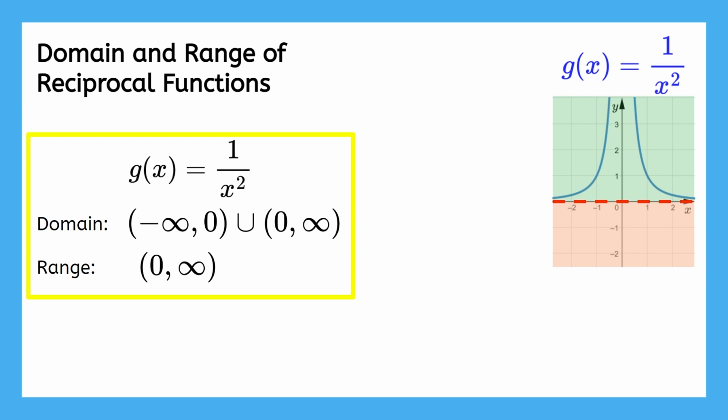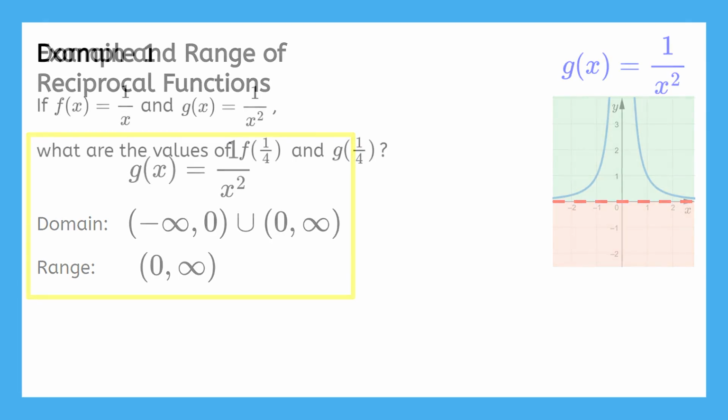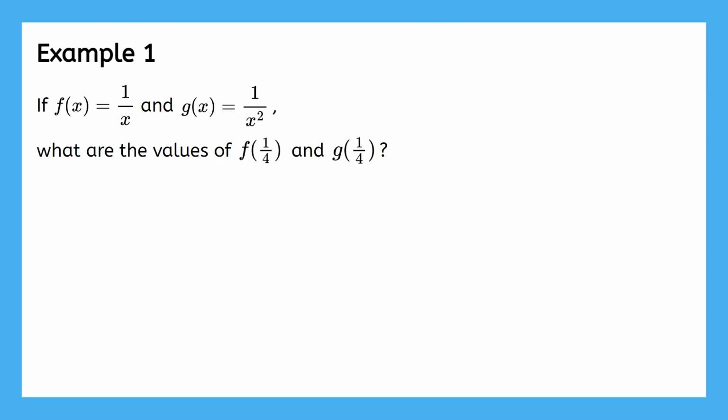All right, now that we've explored these reciprocal functions, it's time to move on to some examples to apply our knowledge. If f of x equals 1 over x and g of x equals 1 over x squared, what are the values of f of 1/4 and g of 1/4? These are reciprocal functions, but they are still regular functions.